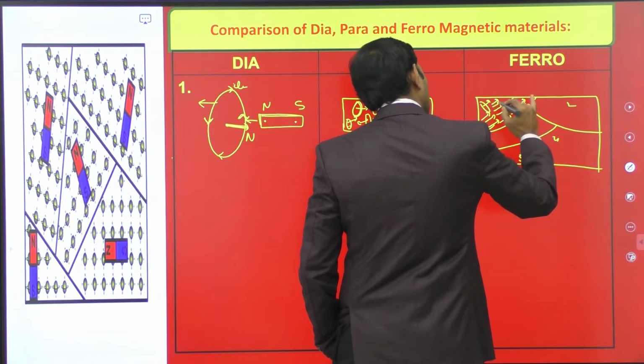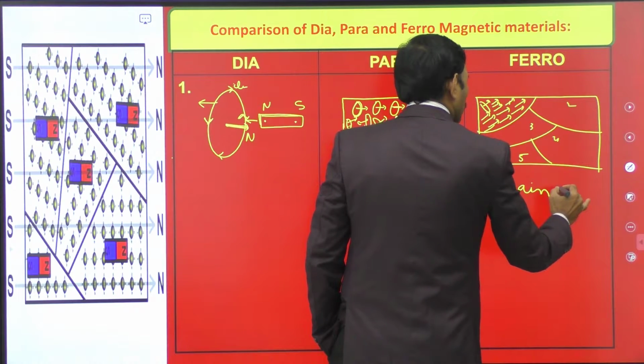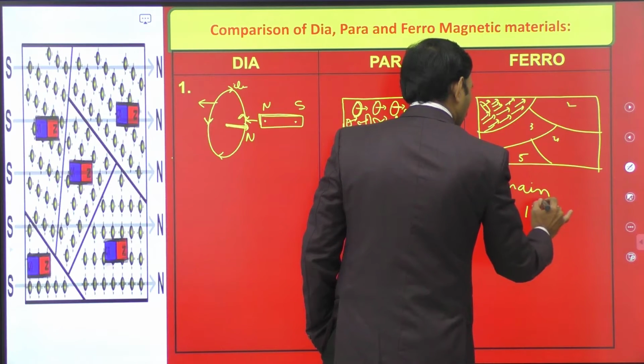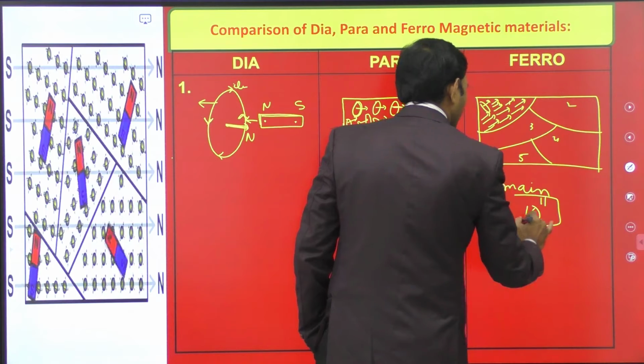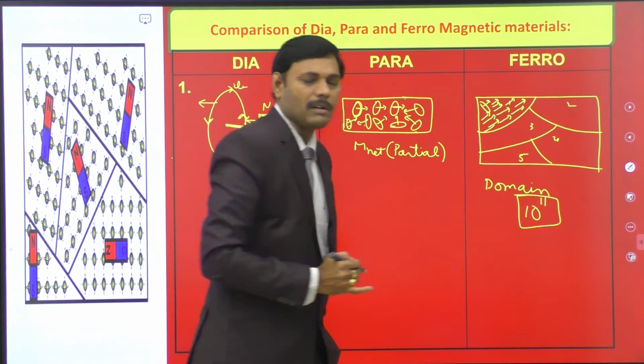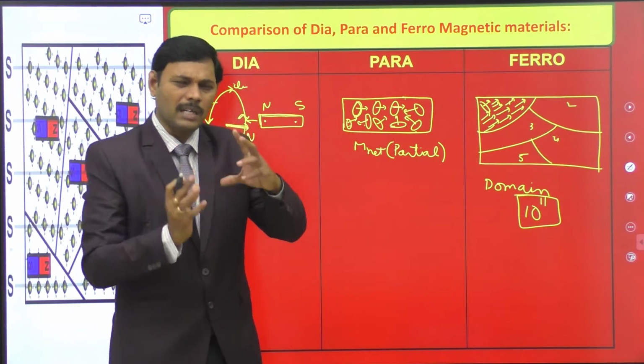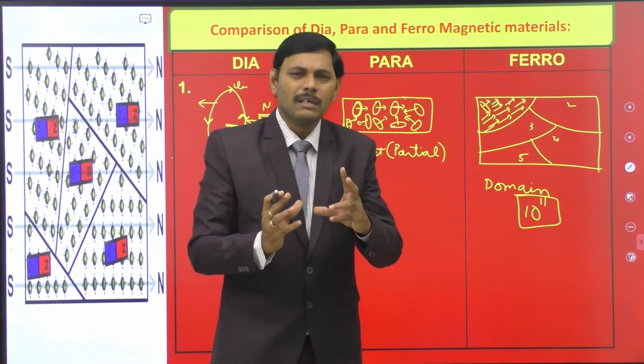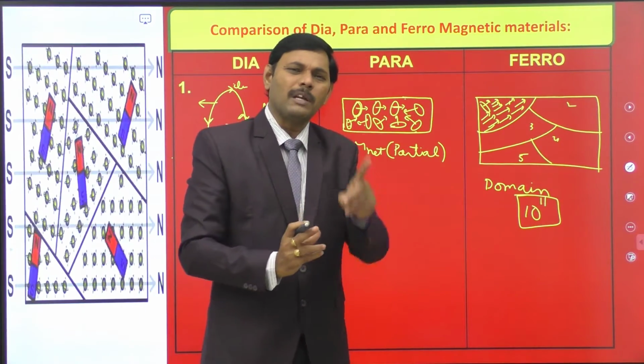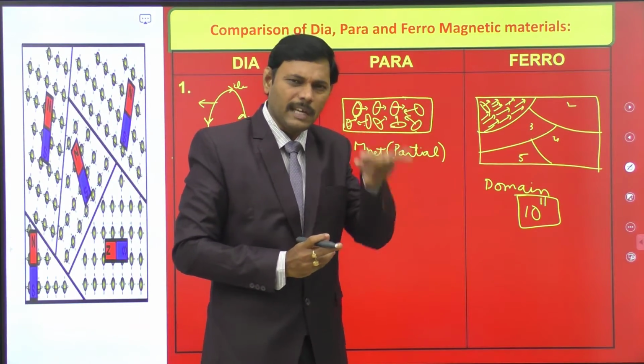Practically, this domain may have a group of atoms in the order of 10 power 11. Students, a large number of atoms in a particular region contribute magnetic moment along one direction. This is named the domain.